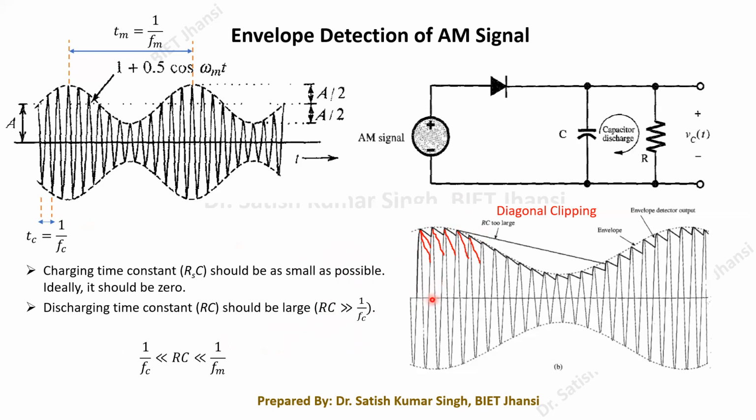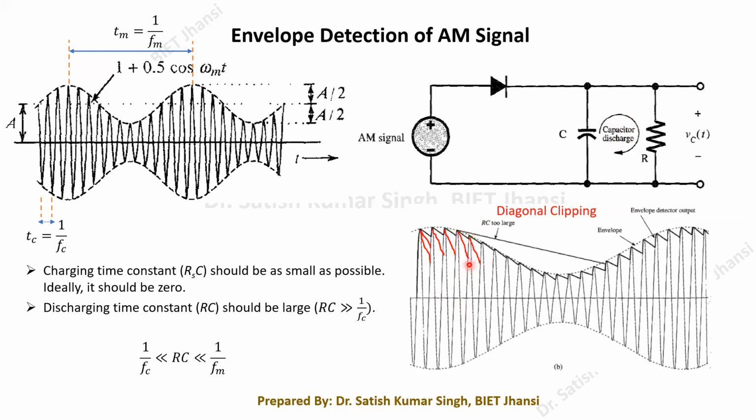So basically what happens is, if it is very high, for example, in this case, let us suppose that this discharging time constant is too large, means it is discharging very slowly. Then once it has charged up to this value, and now when this next cycle comes, it is discharging very slowly.